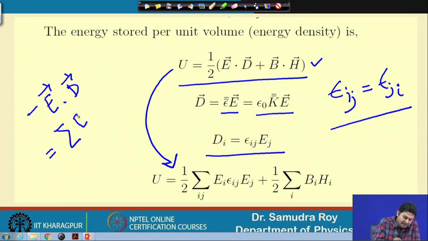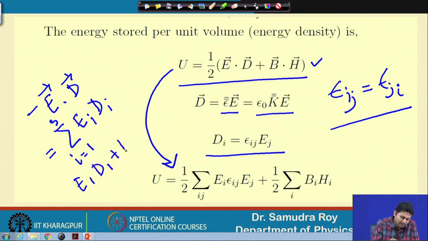So, if I write in component form, it will be Ei Di, with i running from x y z, or 1 to 3: E1 D1 plus E2 D2 plus E3 D3, where E1 D1 is the x component, E2 D2 is the y component, and so on.